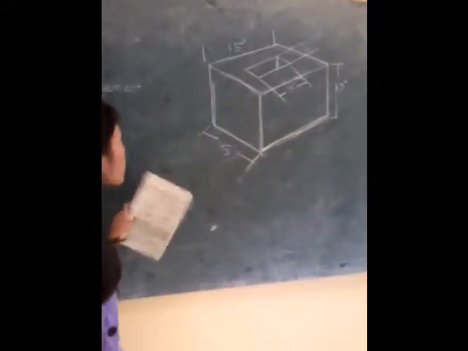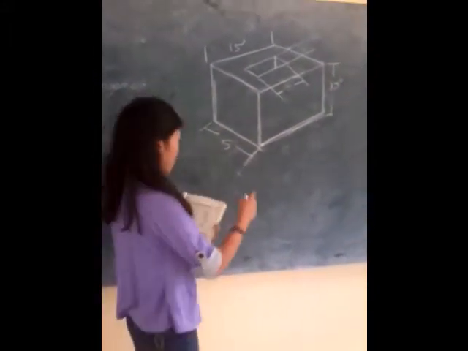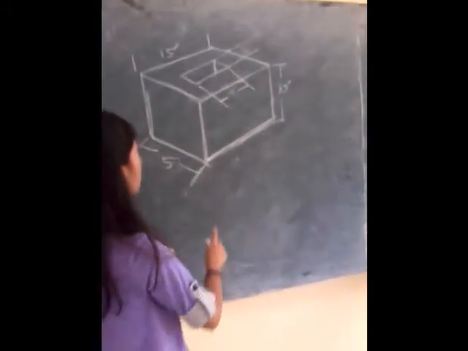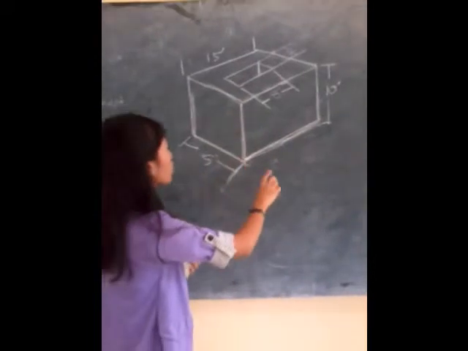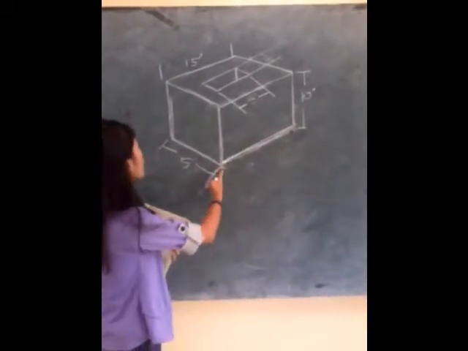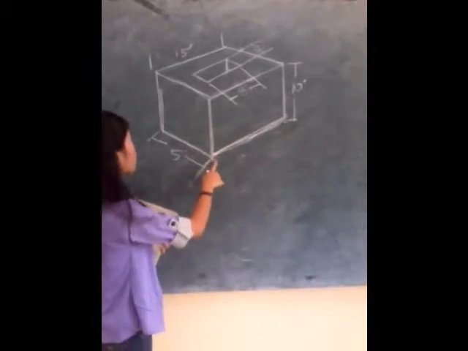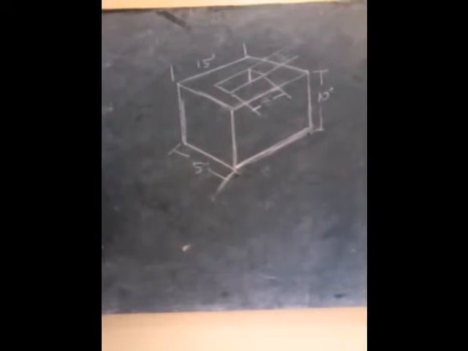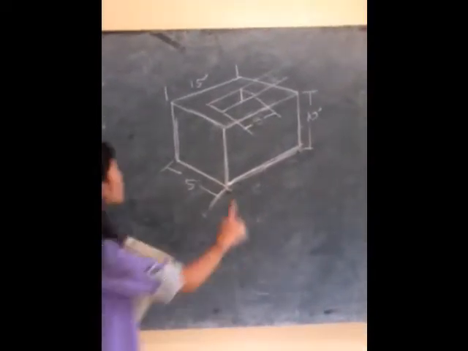The height is 10. The length is 15 and the width is 5. The inside part is 8 inches by 2 inches.